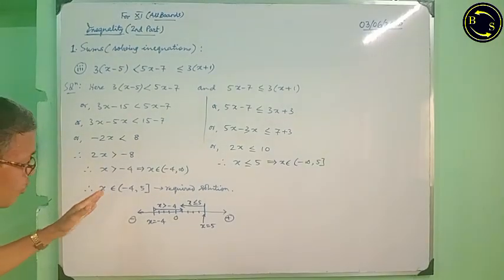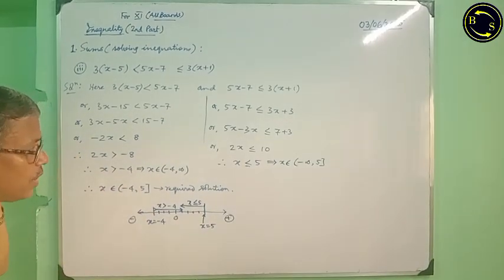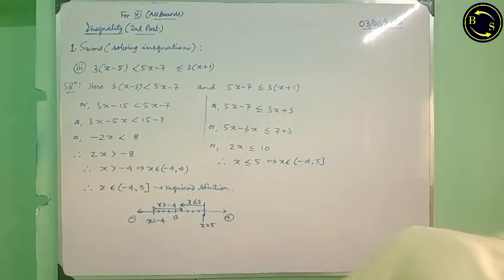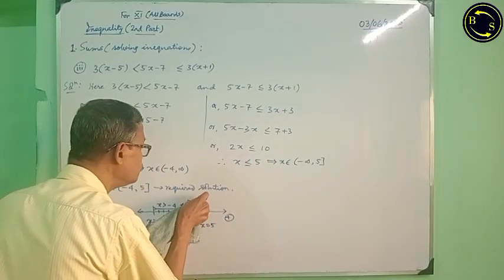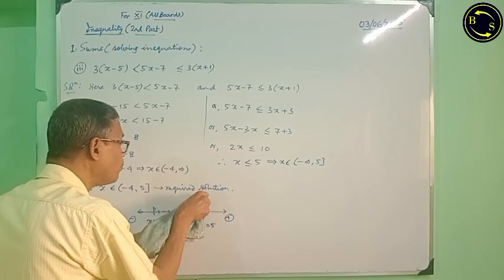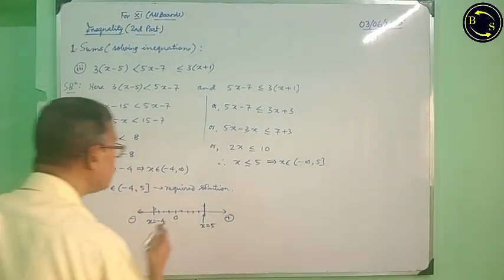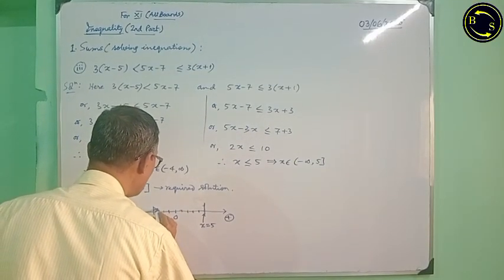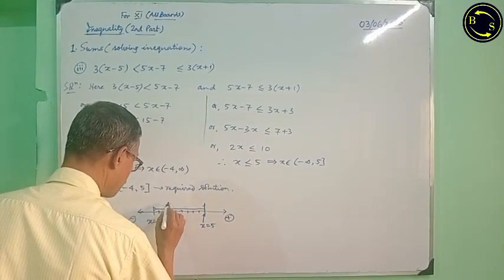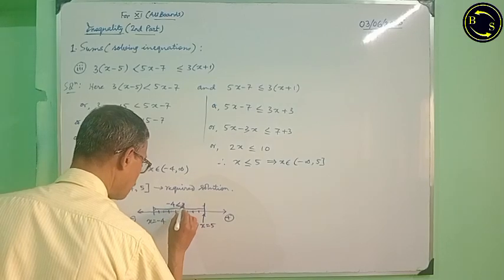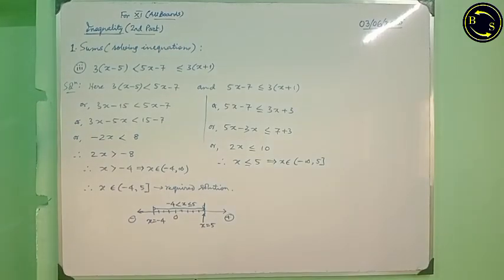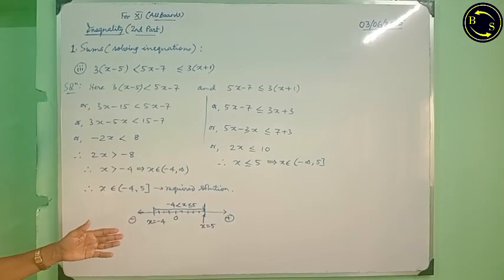Now the common region, common interval will be the required solution, therefore to represent the final one, this will be the representation on the number line.